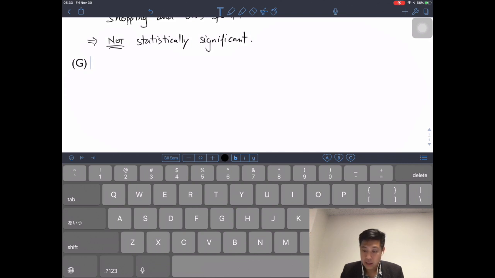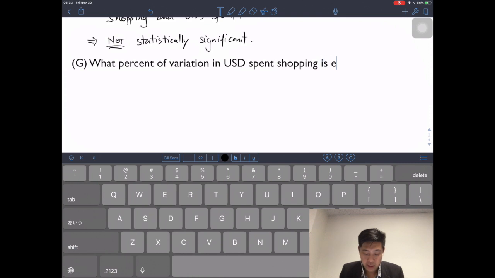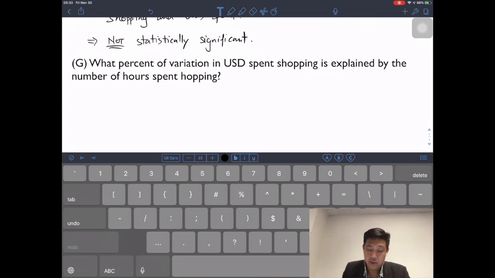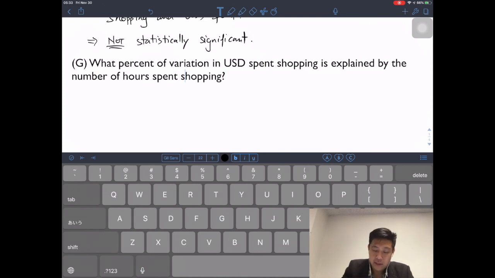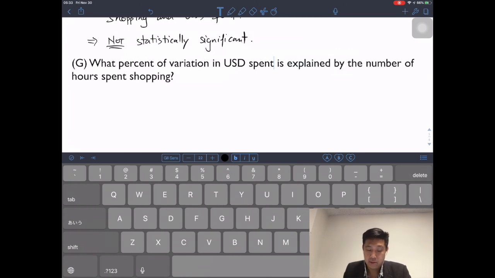You'll either get it as this: what percent of variation in USD spent shopping is explained by the number of hours spent shopping?